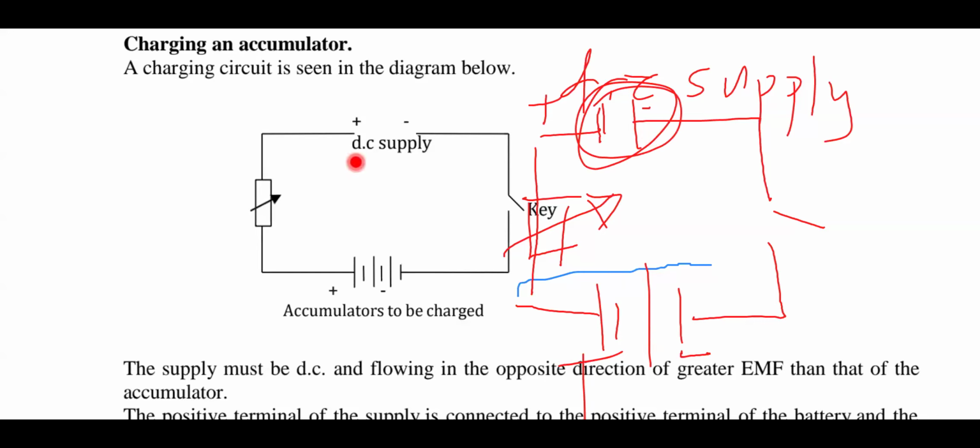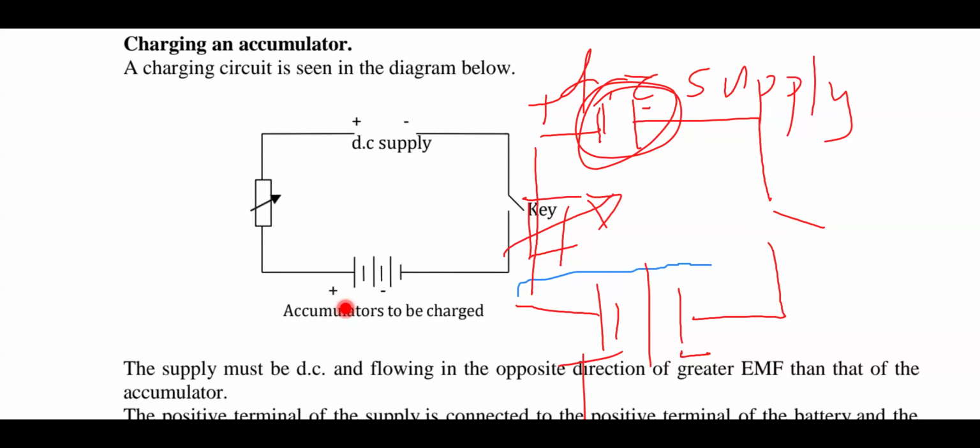To charge an accumulator, the first thing is that the supply must be a DC, and the current is going to flow in the opposite direction of the greater EMF than that of the accumulator.